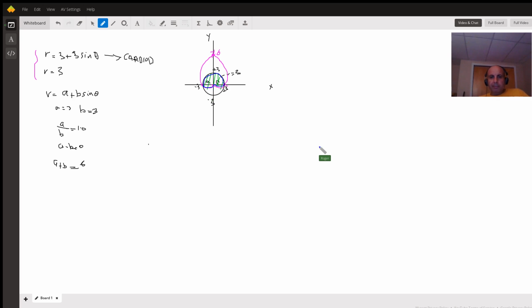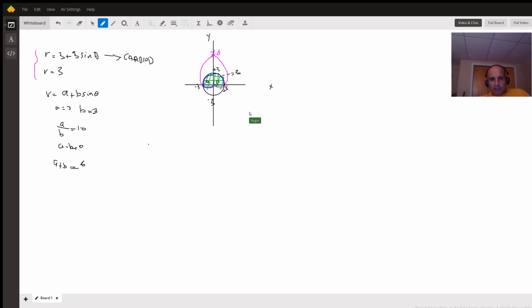This is the common area that you need to find, and that's what the problem is asking you. So it's this shaded area in green. Okay, just make my point right. Something like that.